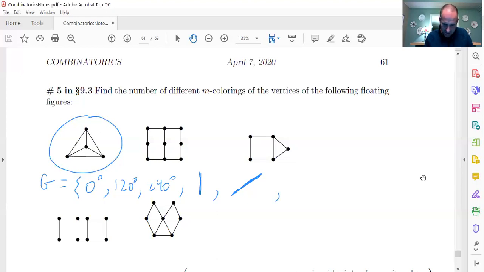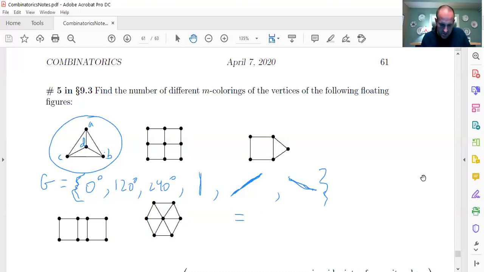And if I reflect in this axis, that's another one. So that is our group, described loosely. Let's try to come up with a labeling for this, and then see how it breaks down in terms of its cycle structure, so we can write down the cycle index polynomial. Let's call this one A, this one B, this one C, this one D.